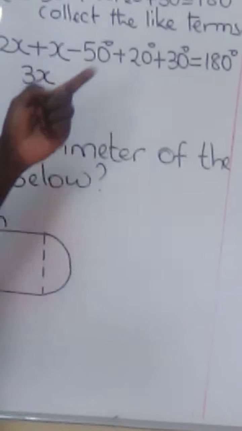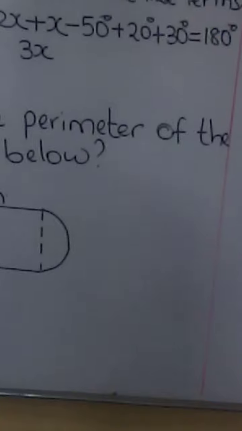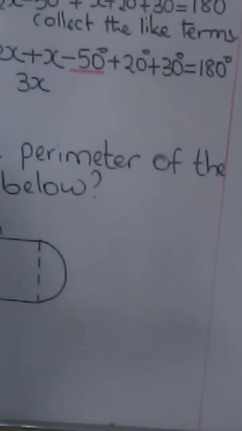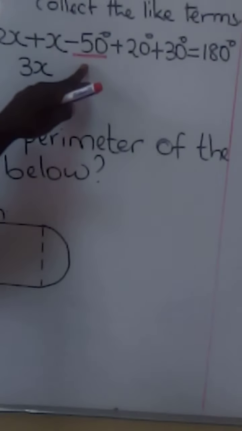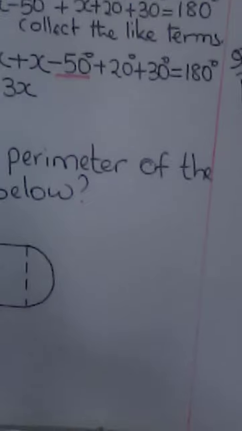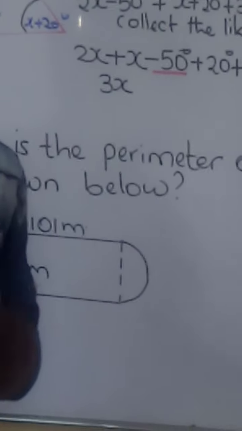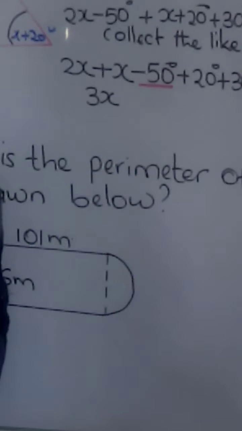I want us to be very careful here, boys and girls. This number is a number with a minus, so we call it a negative number. Considering board mass, a negative number must not come before a positive number.